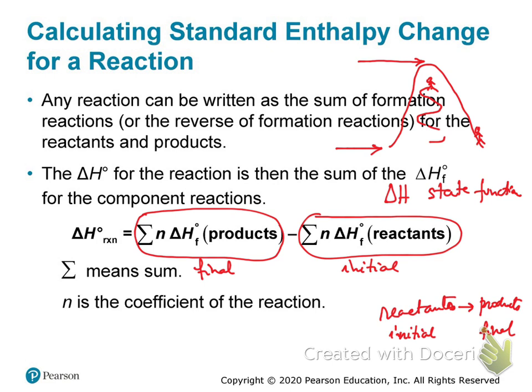So basically, this equation is saying that the delta, whatever I am trying to figure out, is final minus initial. That's a very simple approach to this equation. I'm going to dissect it a little bit more, but in a nutshell, we're doing final minus initial.